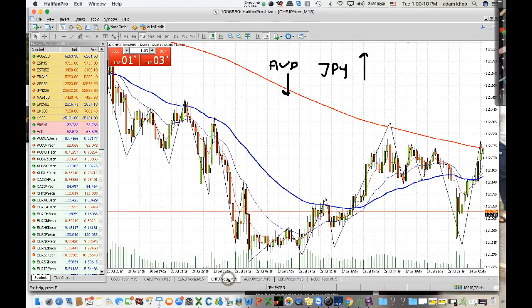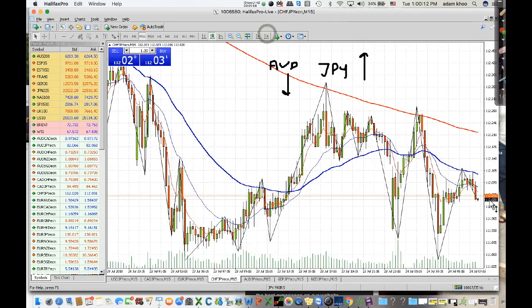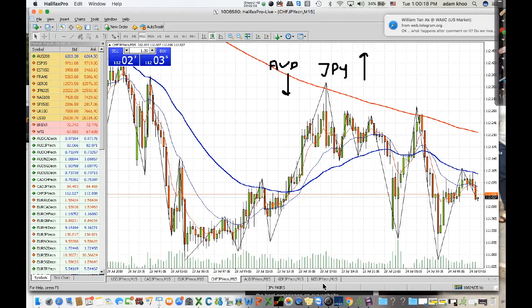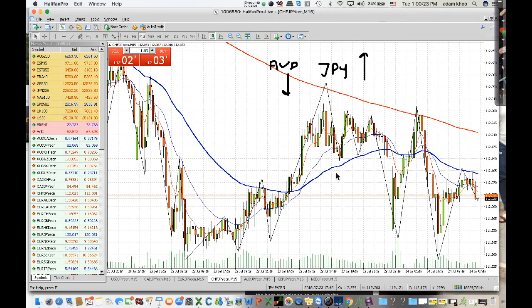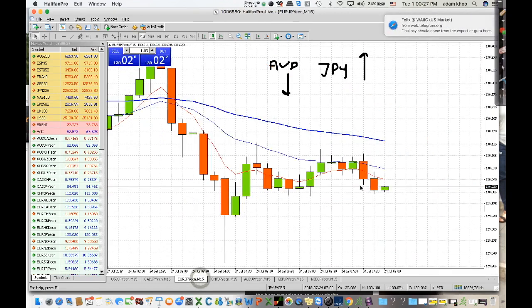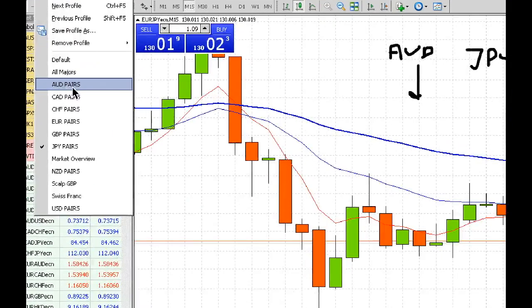Franc yen is also going down, and euro yen is also going down. That gives me more confidence to take the Aussie yen trade, because all the other yen pairs are showing strength in the yen. At the same time, you could also look at the Aussie pairs.